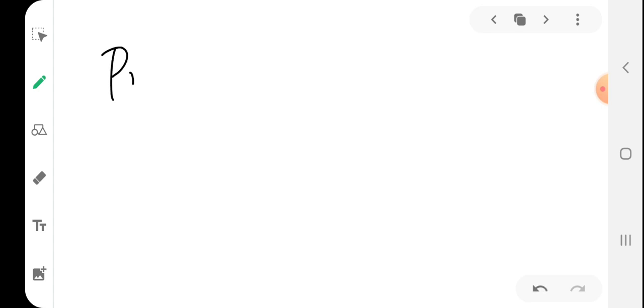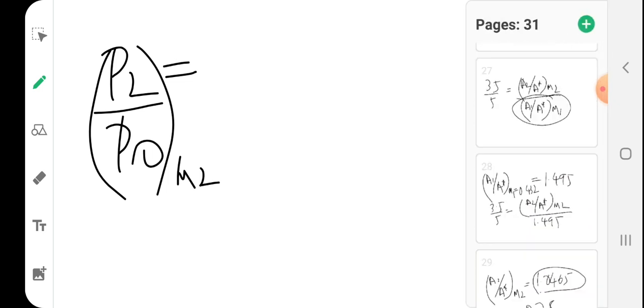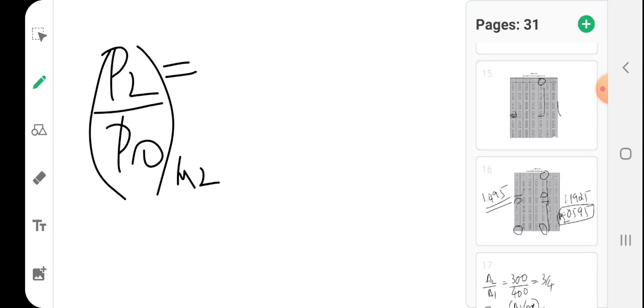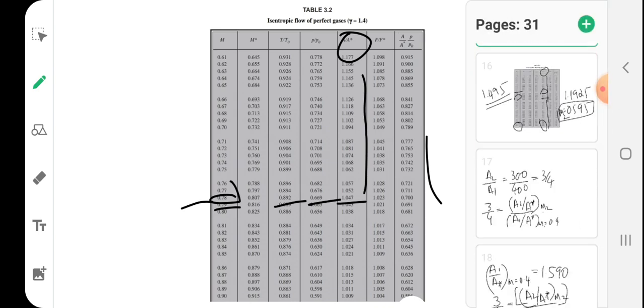P2 by P0 corresponding to M2 can be obtained from the table. So here, corresponding to 0.78, P by P0 is 0.669, T by T0 is 0.892. So mark those things.